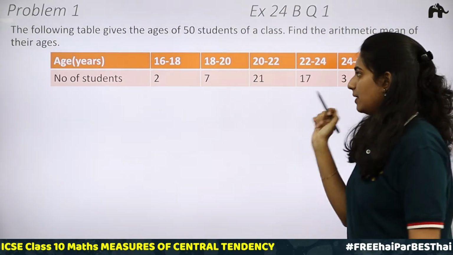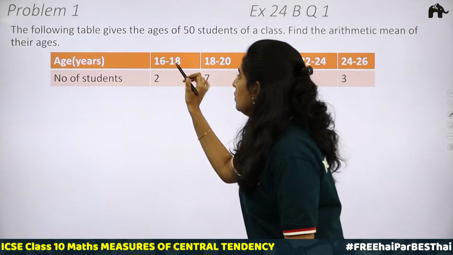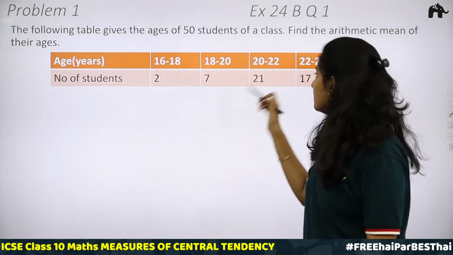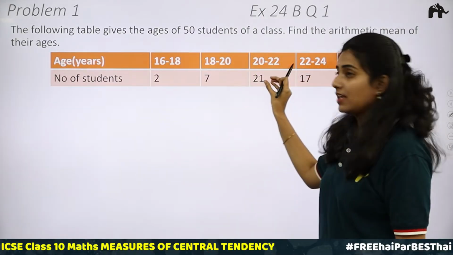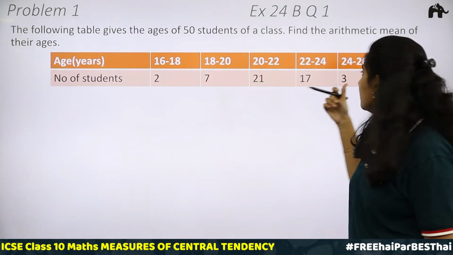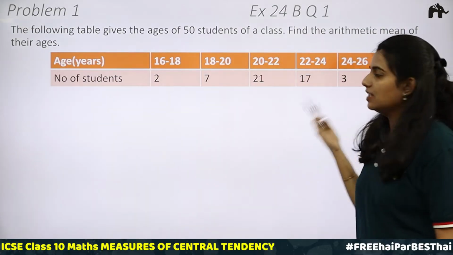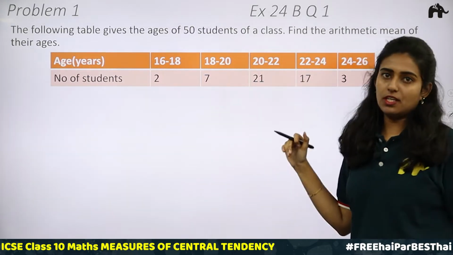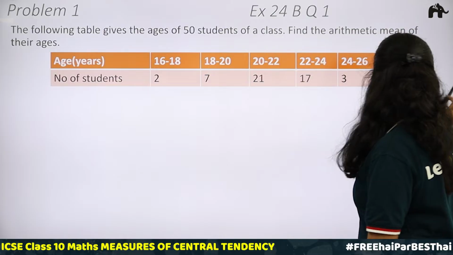Between 16 to 18 we have 2 students, 18 to 20 we have 7 students, 20 to 22 we have 21 students, 22 to 24 we have 17 students and 24 to 26 we have 3 students. So we need to find the arithmetic mean of their ages.